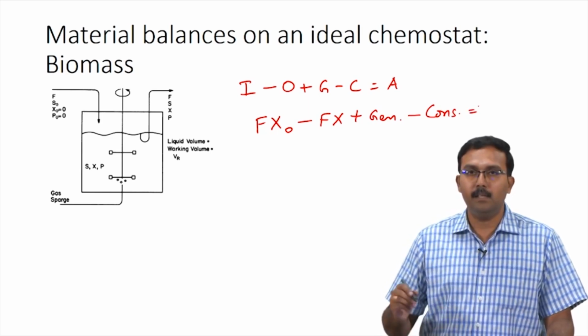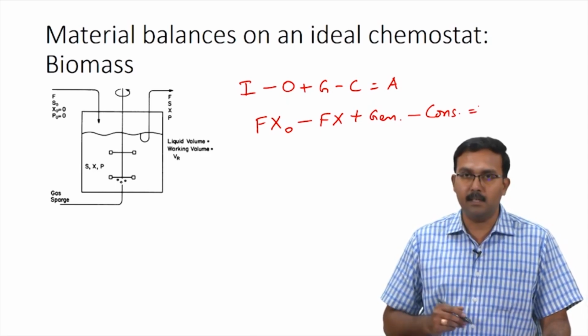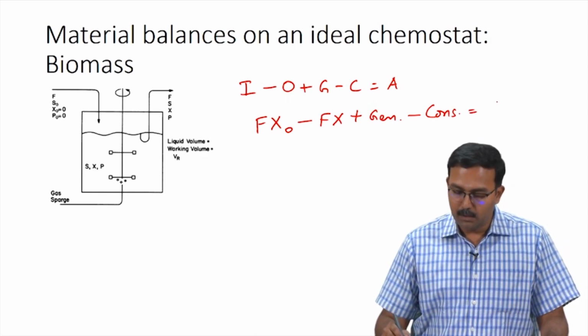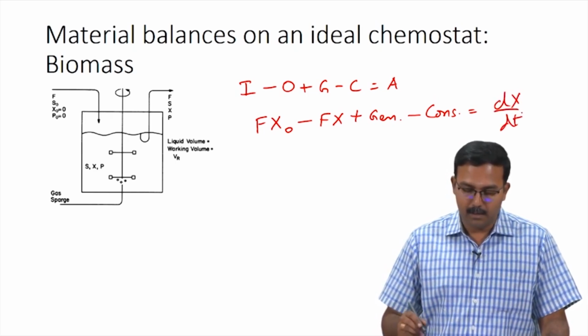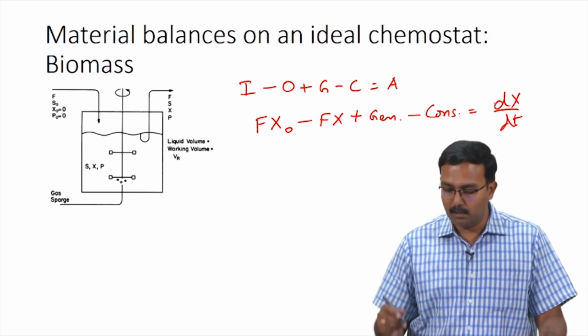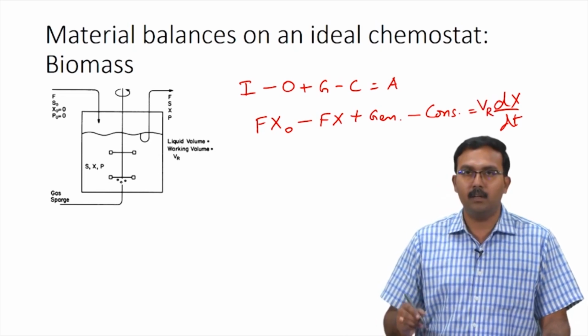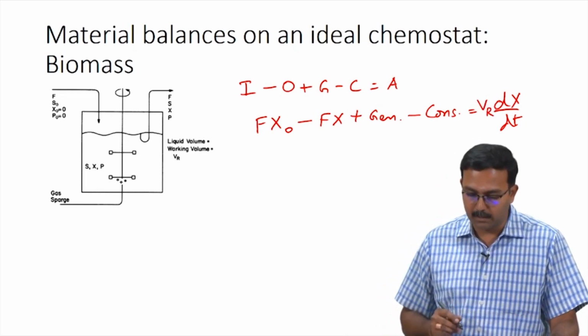Accumulation would be the change in biomass concentration within the system with respect to time, that is dx dt, and because we want it in terms of the change in total biomass with respect to time, we will multiply this with VR, the working volume of the reactor.